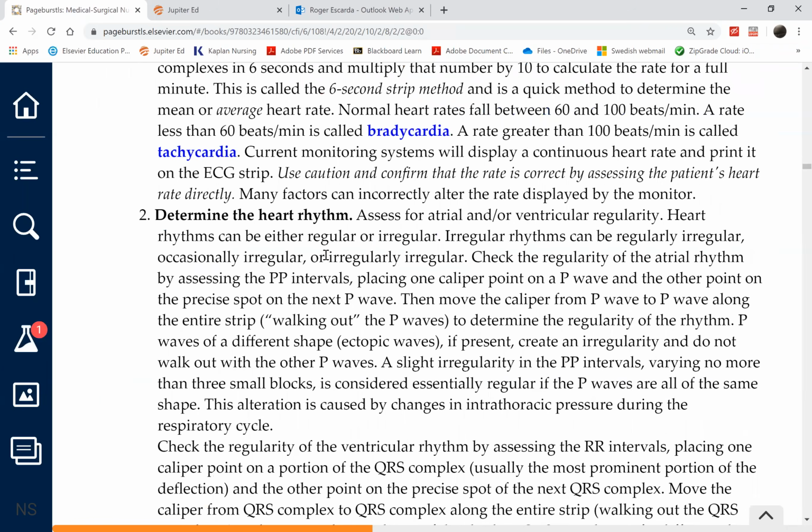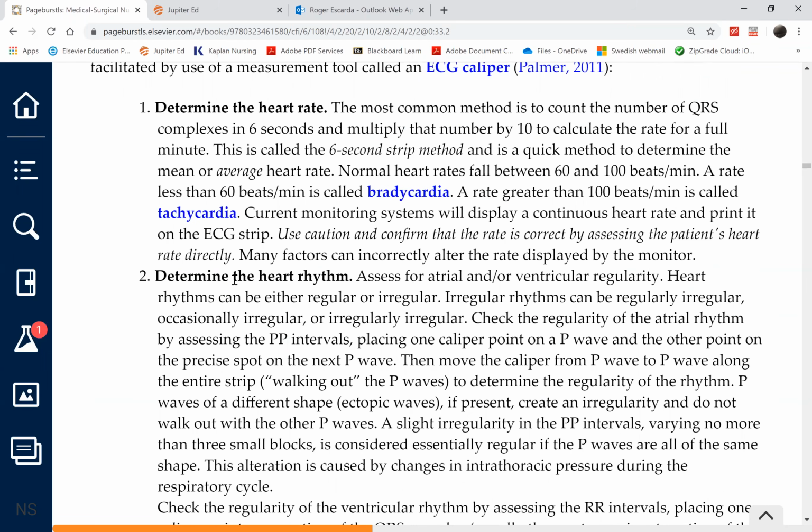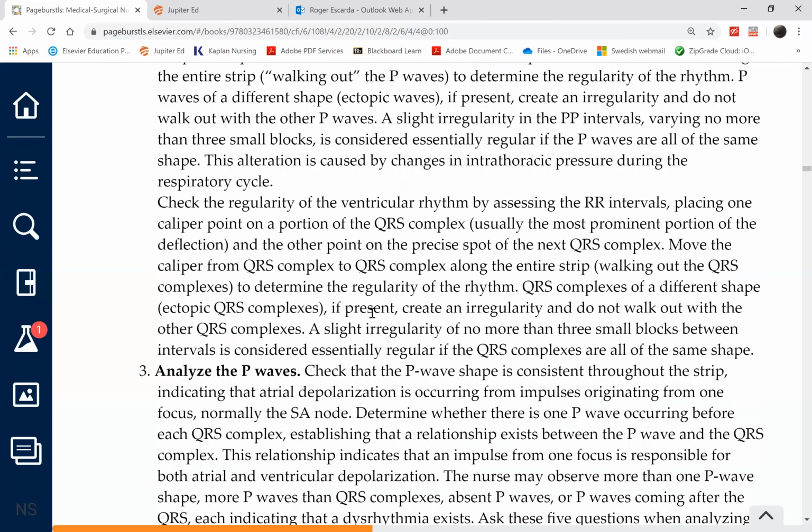The next step is to determine the rhythm. This is not to say you're interpreting the rhythm. You're simply determining the regularity or irregularity of the waves and complexes. We'll do a practice shortly.